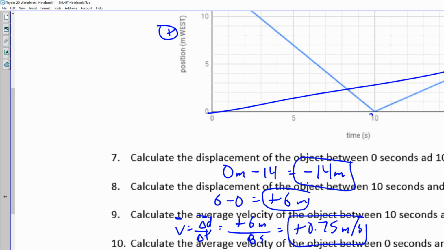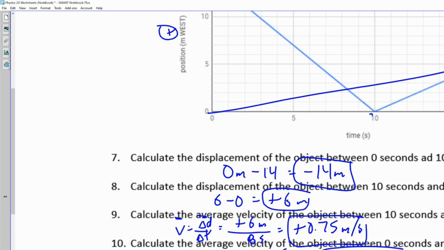It's going to look different, that's all. The displacement between 0 and 18 is 6. The time is 18. Positive 0.33 meters per second. I think that's right, isn't it?